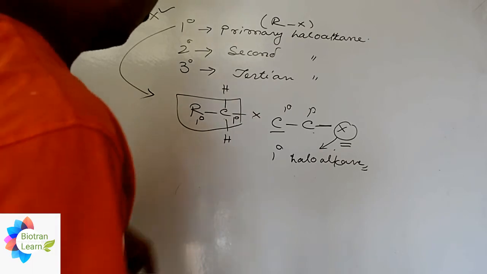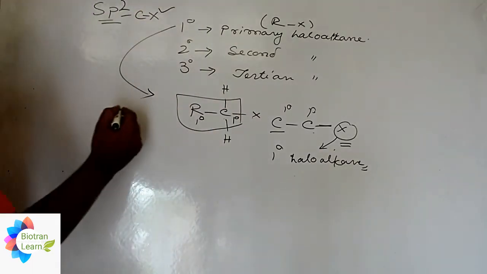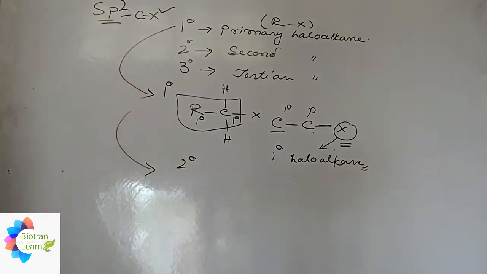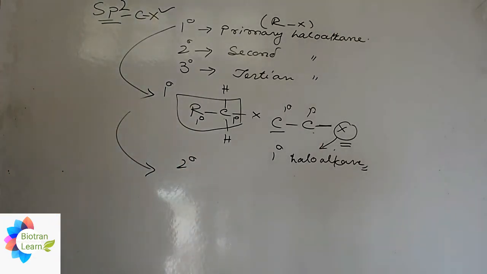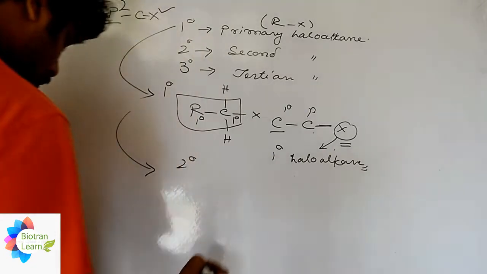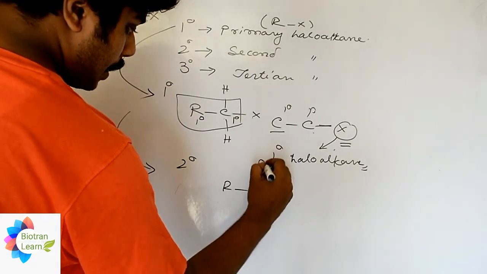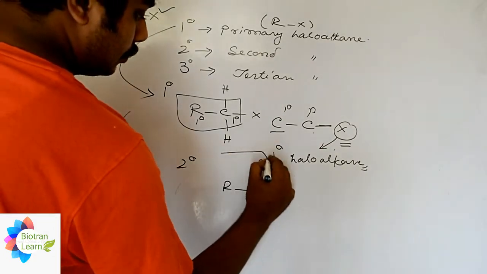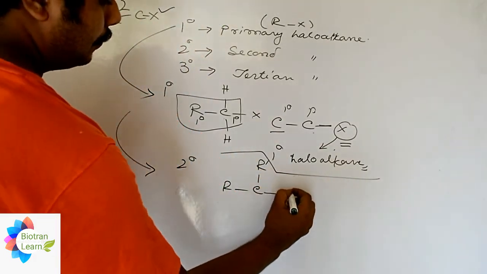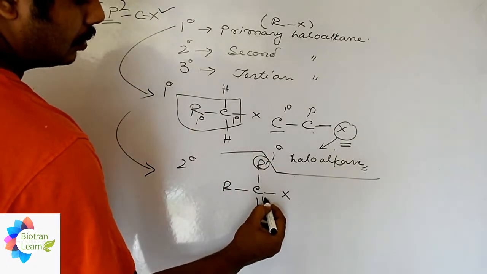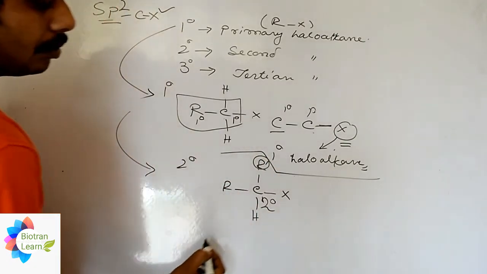Now the secondary, this was primary, now this is the secondary structure, and in this case, we will be having two R's, R and R dash. As this carbon is a 2 degree carbon now, right?